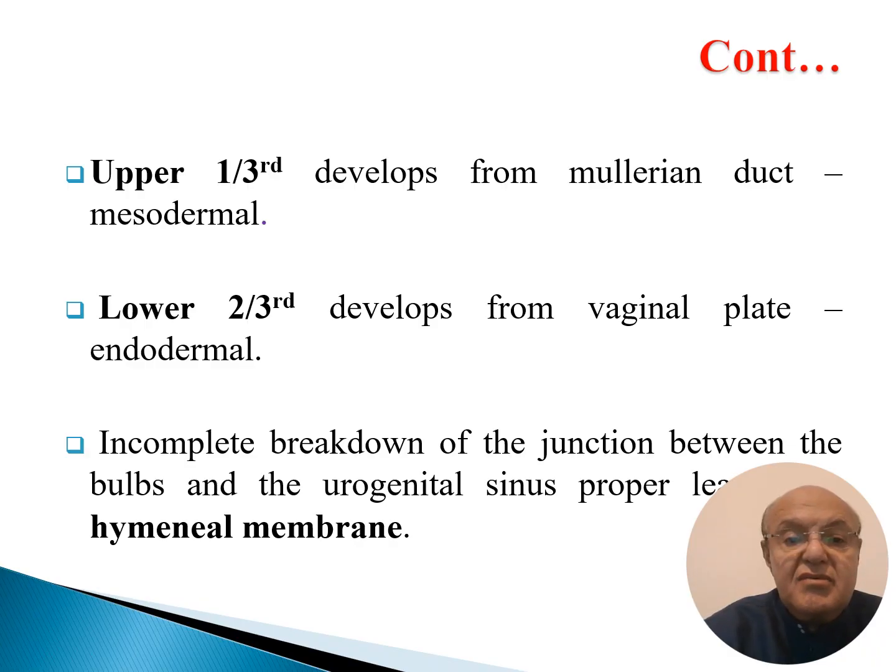So we know now the upper third develops from the Mullerian duct, and the lower two-thirds develop from the vaginal plate. This is the vagina. Incomplete breakdown of the junction between the pulp and the urogenital sinus makes a hymenal membrane.